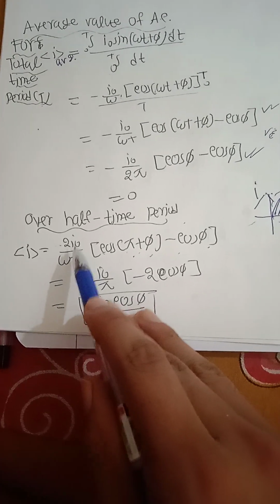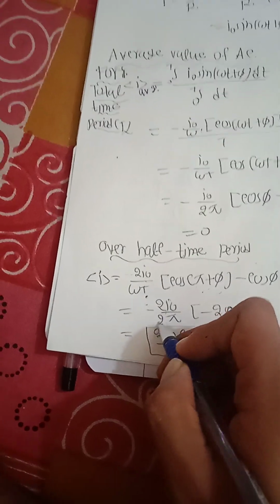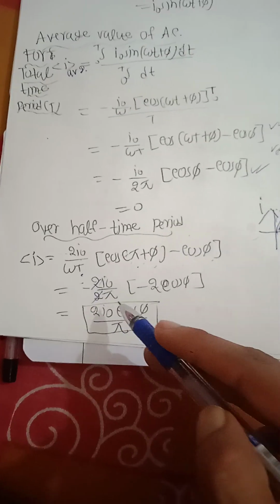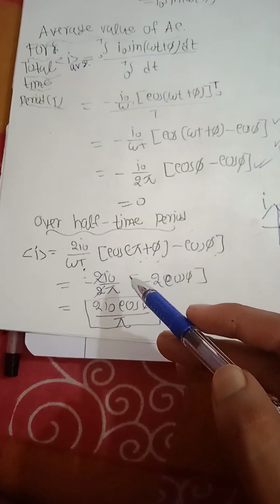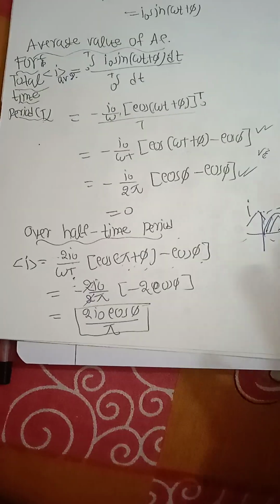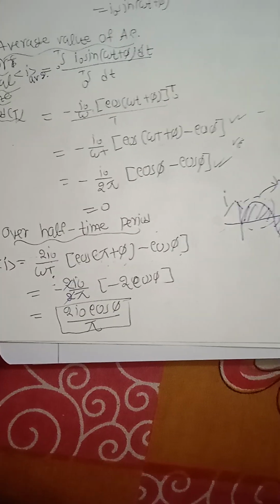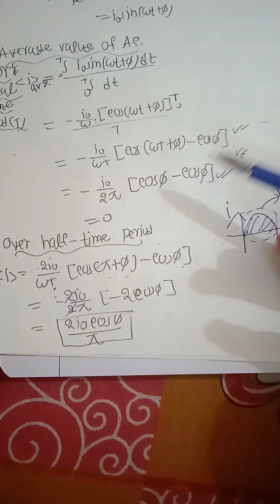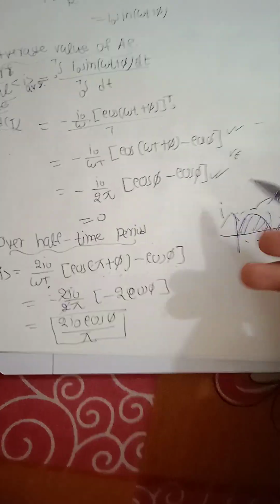So if we write it as 2 pi, then 2 I naught by 2 pi, the 2 cancels, so I naught by pi, which I already wrote a few minutes back, but just for your ease I have written this.